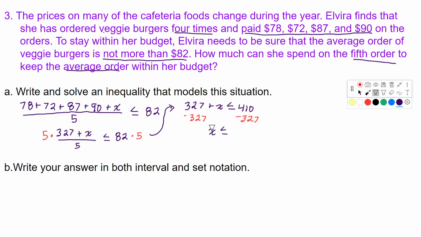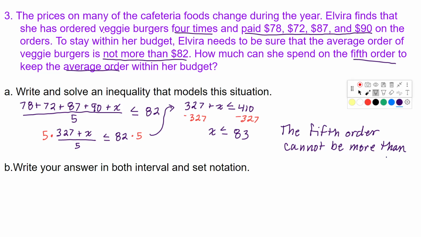X has to be less than or equal to 83. So the fifth order cannot be more than $82.